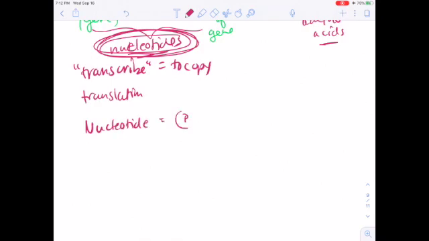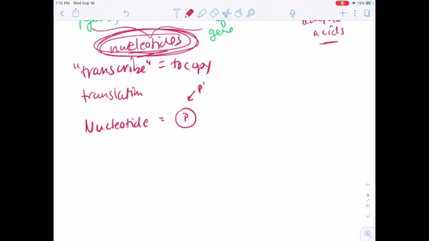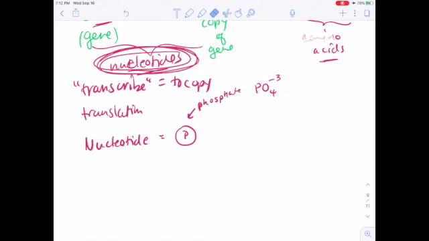equals a phosphate molecule, and I'm just going to put a P with a circle around it. That stands for phosphate, or this whole PO4, sometimes -3 thing. It's a mess to draw.